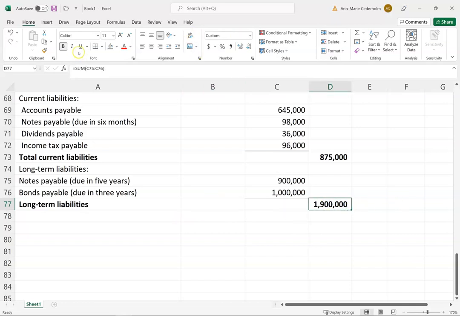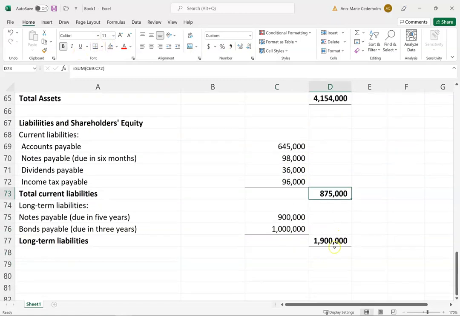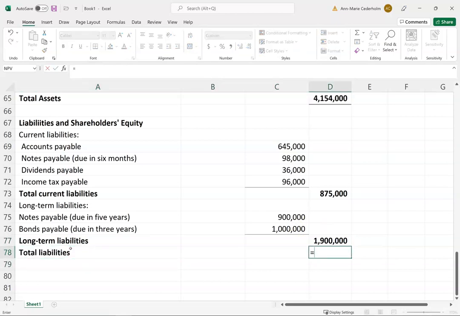So now if I add those two together, so my current liabilities and my long-term liabilities, that will give me my total liabilities.